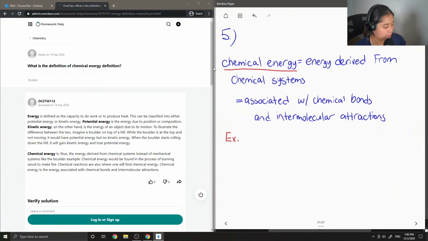So an example of chemical energy would be like burning wood to make a fire.